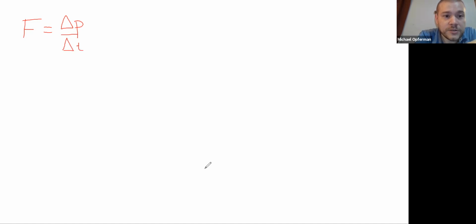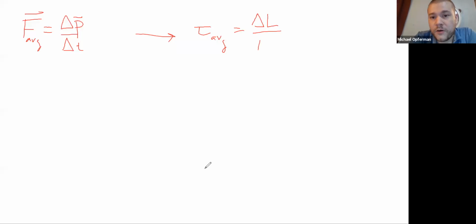So we had this as our starting equation. I'm using the non-calculus version, so that means this is only true on average for the force, but it's delta P over delta t. By the same argument, the average torque on a system, because that's the rotational equivalent of the force, is delta L over delta t. So forces change linear momentum, torques change angular momentum. That's pretty obvious when you think about it.